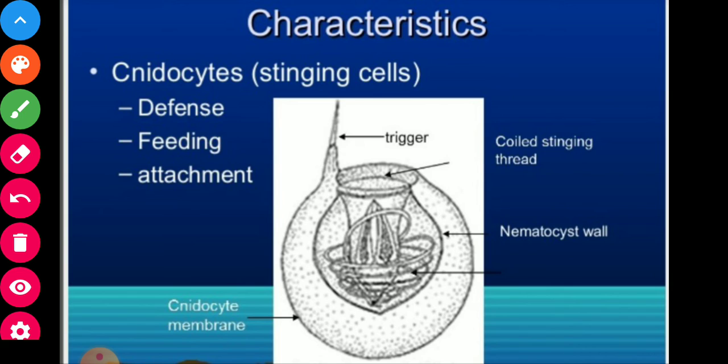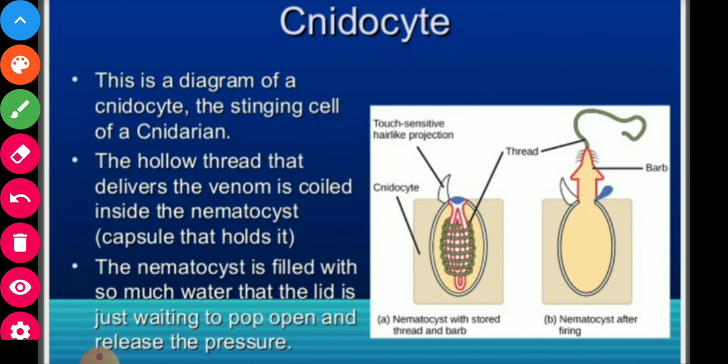This is mainly used for defense or also to capture prey. Cnidocytes are very special cells found in Cnidarians. In this diagram, a cnidocyte is shown.